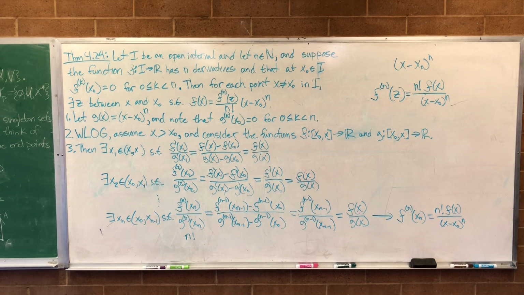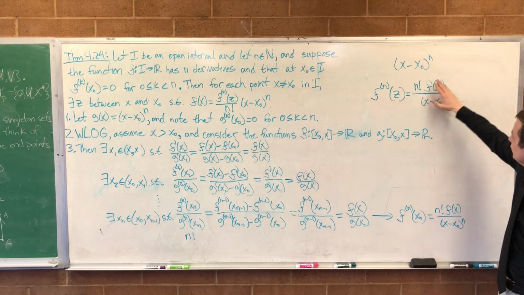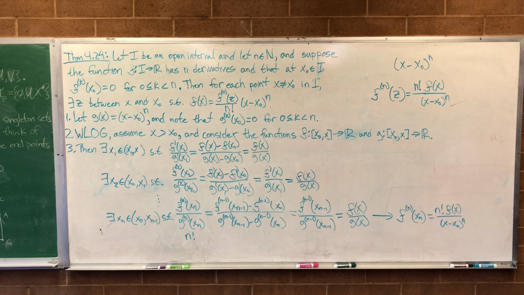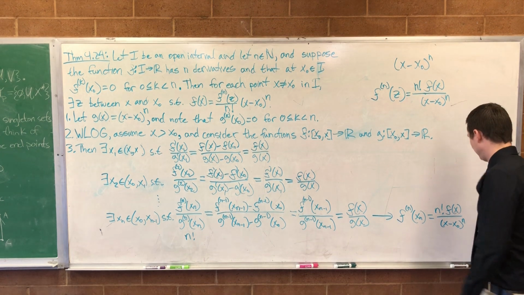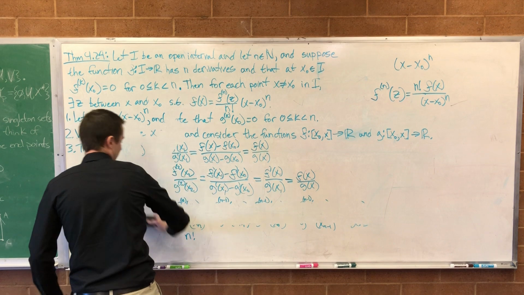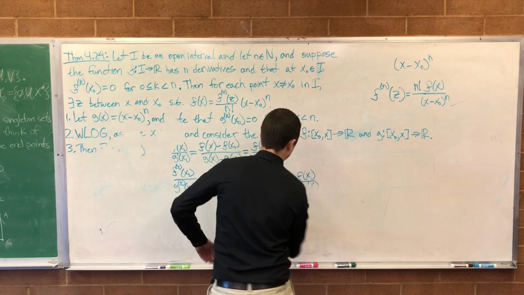Pretty cool that you can do that. After taking n derivatives, we're still expressing it in terms of the two functions that we started with. And all that happened is that n factorial in front. Anyways, so that's it for this material. Now we just got to cover Leibniz notation, and then we're done.